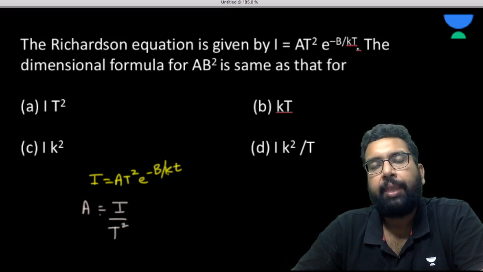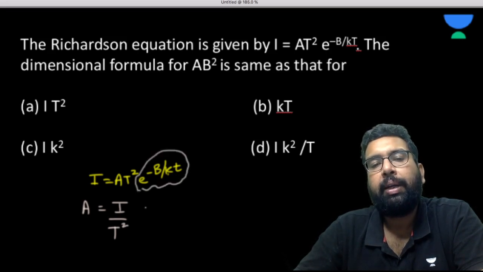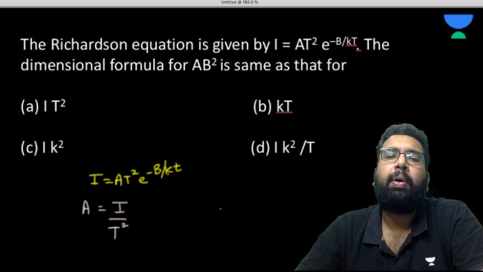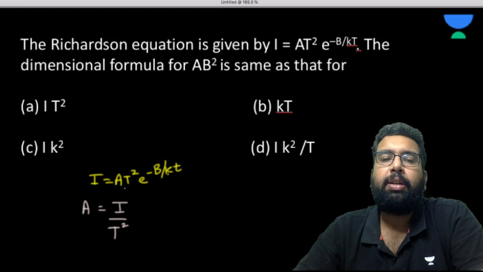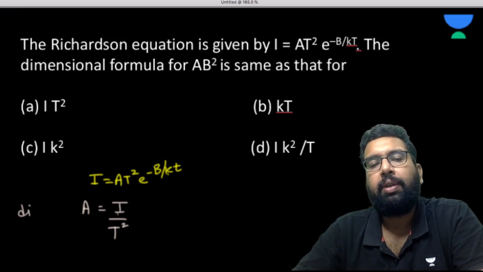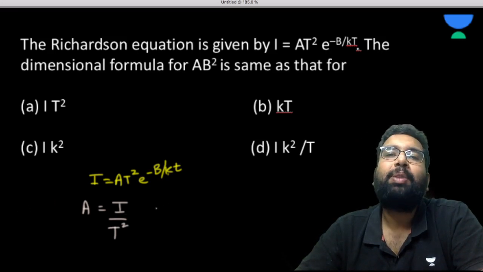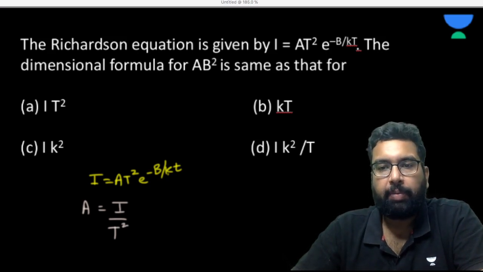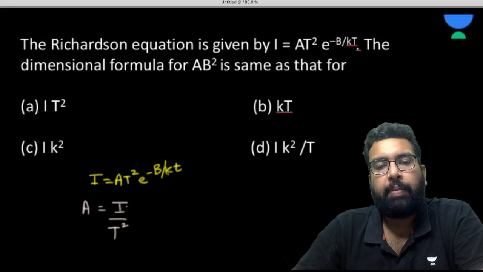This is for sure, because this whole thing has to be dimensionless; it represents a number. I just write A is equal to I by T square. It doesn't mean that A becomes equal to I by T square, we are just talking about the dimension. Do remember that.